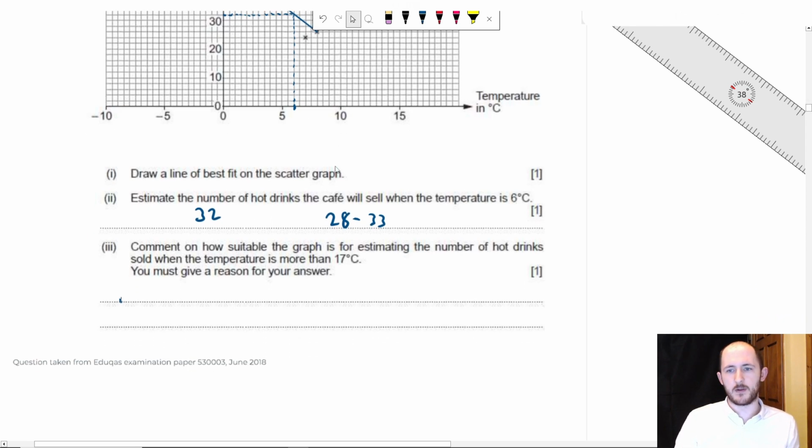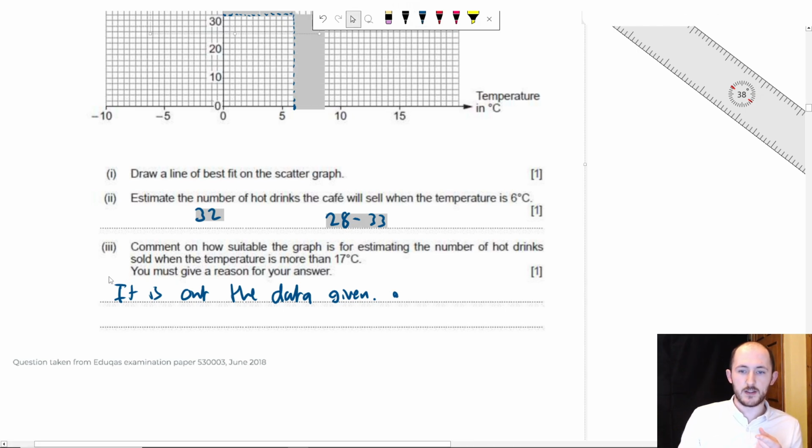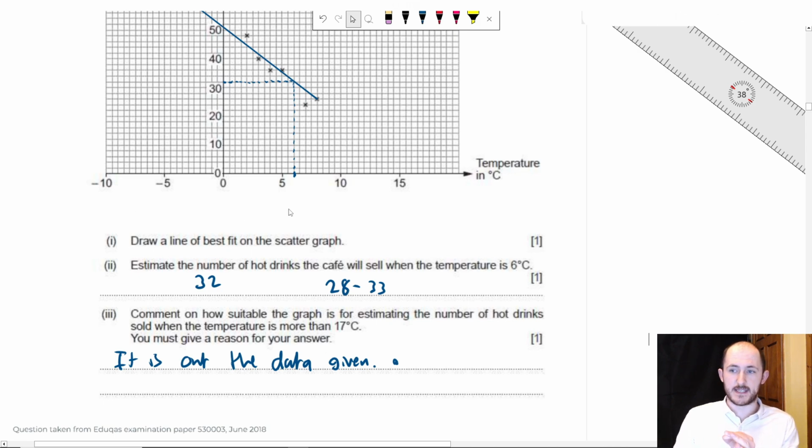So I'll read out a bunch of different answers that you can have. But what I would use is: it is outside the data range, or the data given. Okay? This statement, the reason why I like it so much is because A, it's true, but B, you can use it whenever it's outside the numbers.